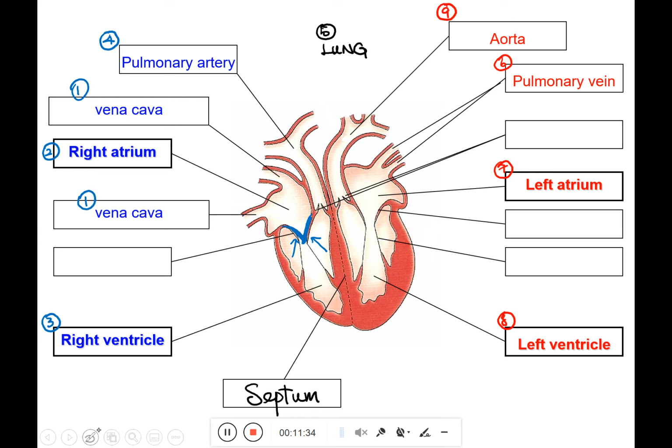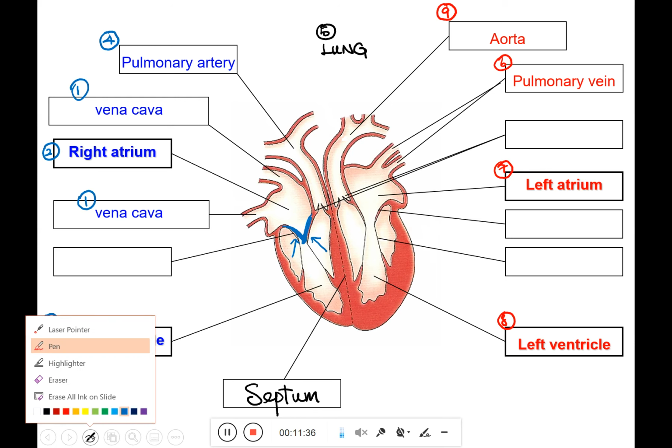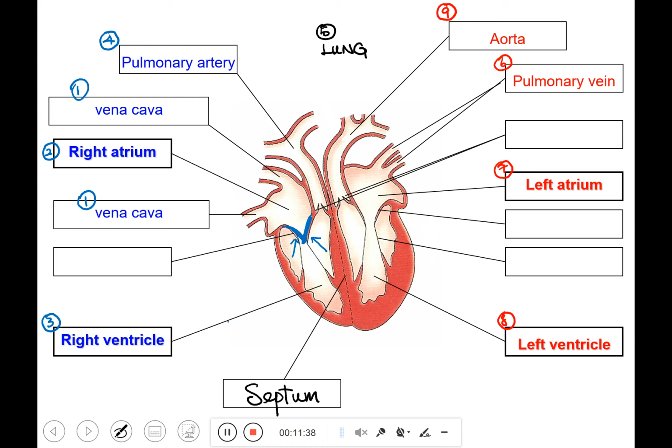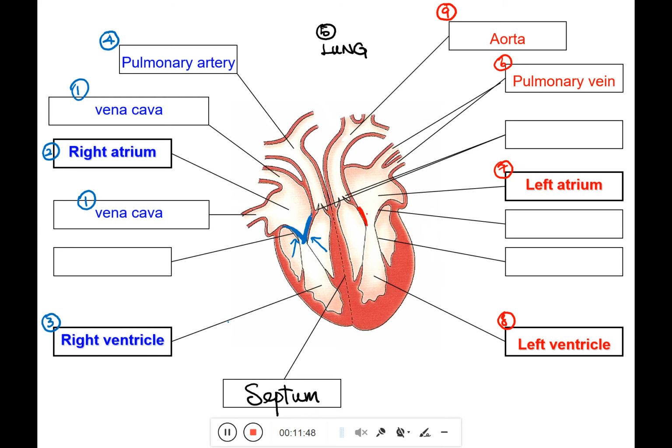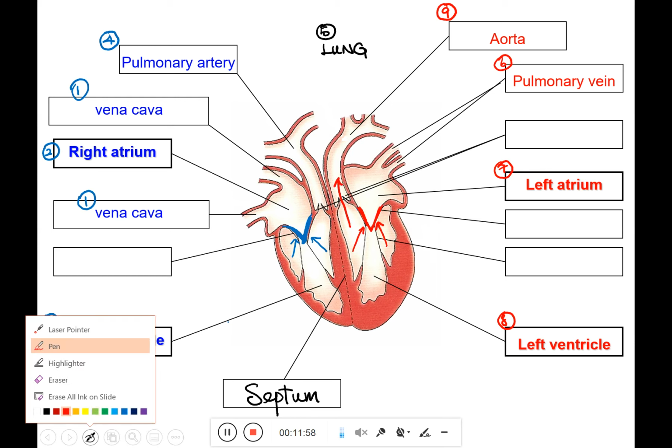Again, this story would be the same on the left side, so I don't repeat it. So this type of valve exists on both sides of the heart. Alright, when the ventricle contracts, it will close these valves, so it forces the blood to go through the correct channel.